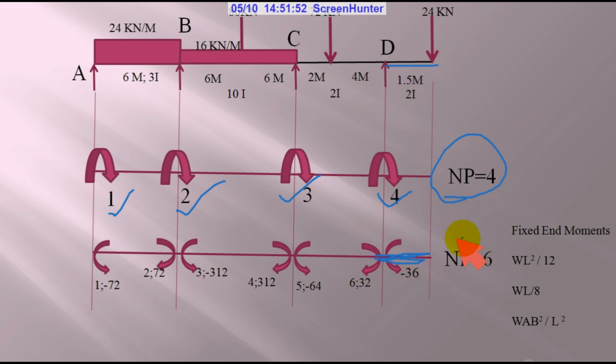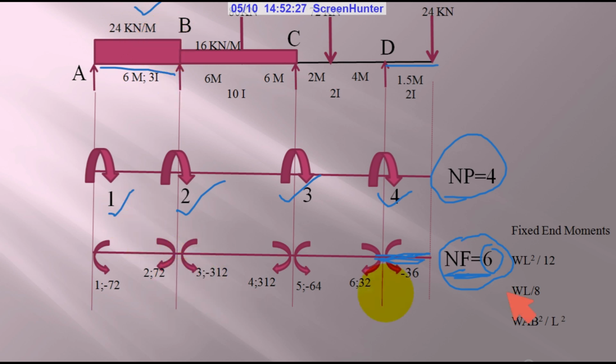Now here you have to see and calculate the fixed end moments. NF equal to 6. So fixed end moments 6. I am abbreviating here number of fixed end moments as NF. So this is span AB and uniformly distributed load of 24 kilonewtons per meter is acting.